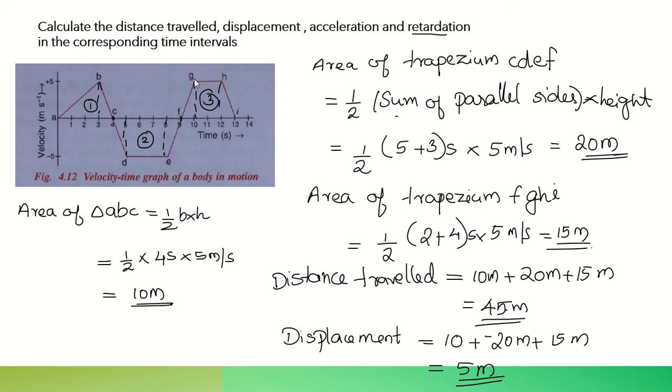And EG is going to be again acceleration, HI is going to be retardation. Okay, so let's calculate acceleration from A to B, right? Acceleration of AB.